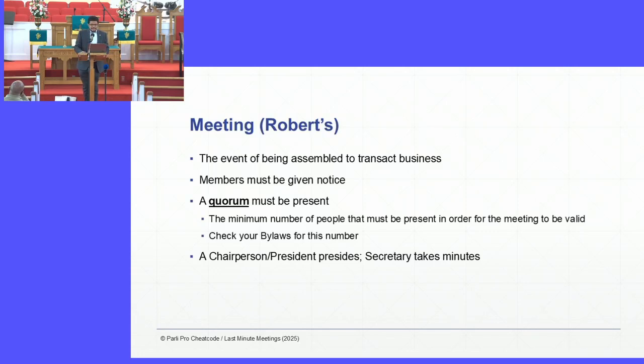Or it might just be whoever shows up to the meeting ends up being the quorum. That's important to keep in mind, because you want to make sure you have enough people there. If it's not in your bylaws, the default is a majority of the membership.